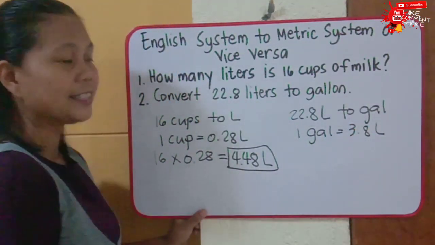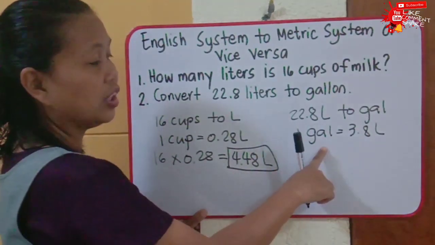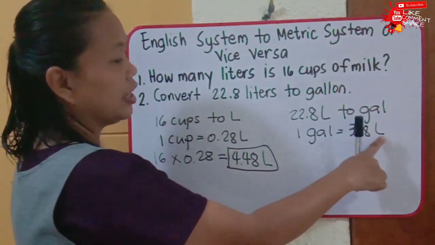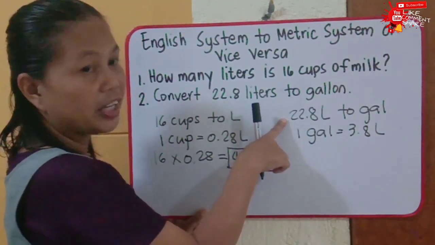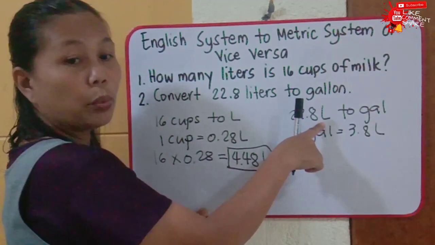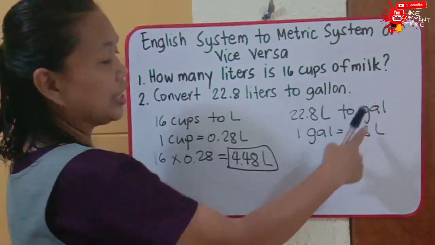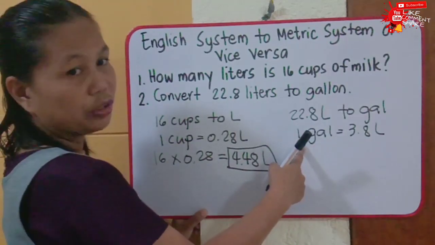But if you notice from our conversion factor that 1 gallon is equal to 3.8 liters, in our example we are given here 22.8 liters. We will change it to gallons. So it is the reverse of our conversion factor.